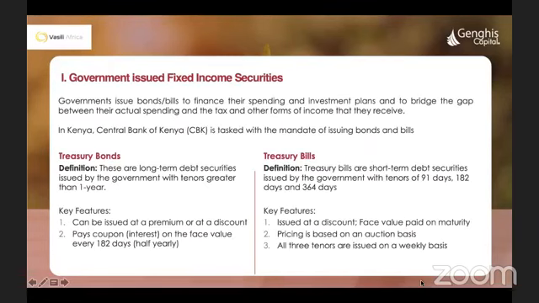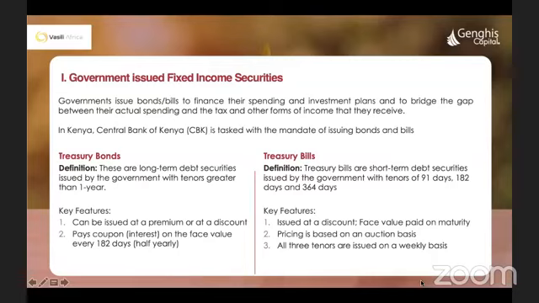We now look at government issued fixed income securities. We've said they can either be a treasury bill or a treasury bond. A treasury bond is any fixed income instrument issued by the government that has a tenor of more than 1 year. For example, government issuing a 5-year bond, that's a bond. Government issuing a 10-year instrument, that's a bond.